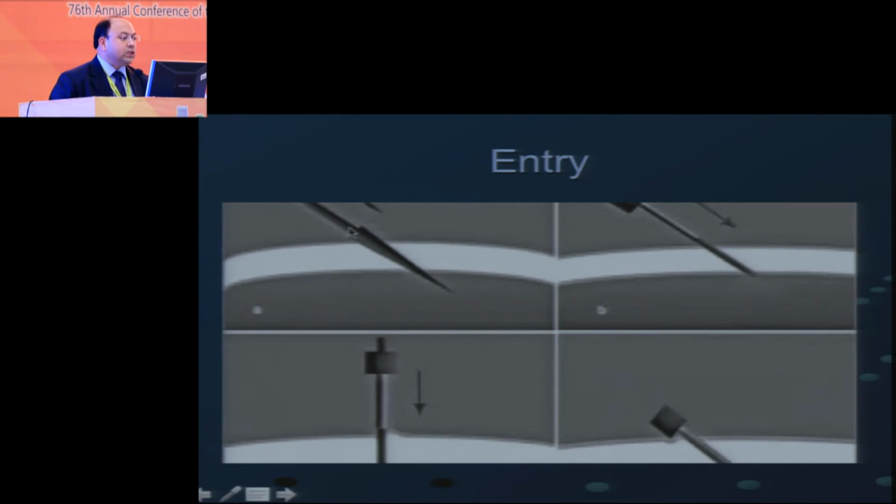So the initial entry is at an incline till the tip of the cannula enters the sclera, and thereafter we can straighten the entry. But with the newer trocar cannula systems, you can continuously enter at a 20 degree angle directly till the tip enters inside.